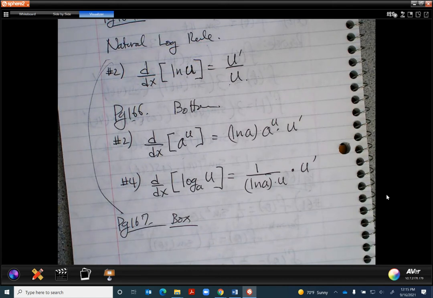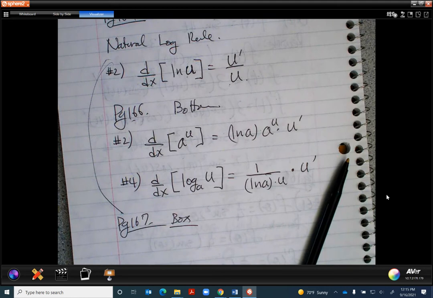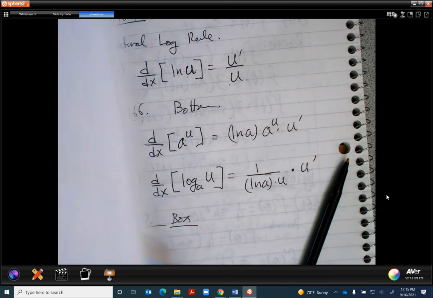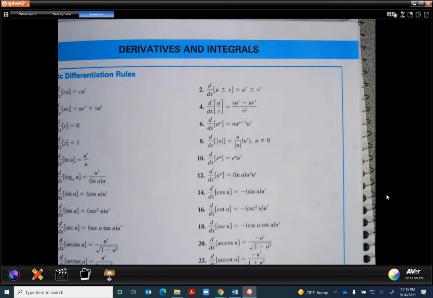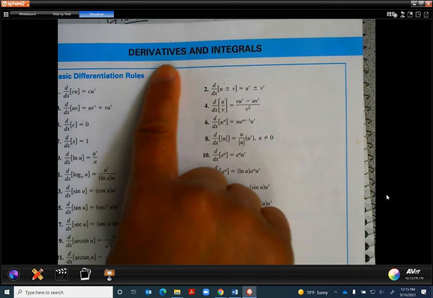Okay, look back, look at me. Do you see this textbook right here? Go to the very front page, behind the front cover. You see it? Next to it, it says this. You see it on the very top, derivative and integrals?